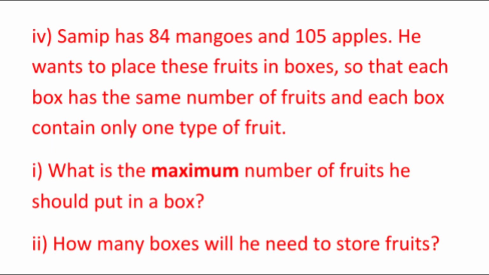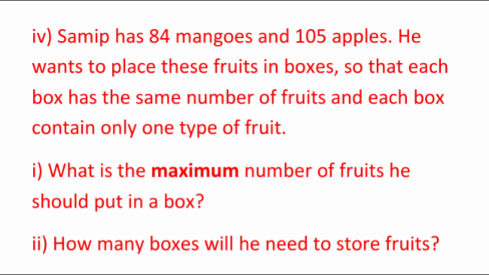The fourth one sum is, Samip has 84 mangoes and 105 apples. He wants to place these fruits in boxes so that each box has the same number of fruits and each box contains only one type of fruit. So first one, what is the maximum number of fruits he should put in a box? For the word maximum we calculate SCF. The second one, how many boxes will he need to store fruits?